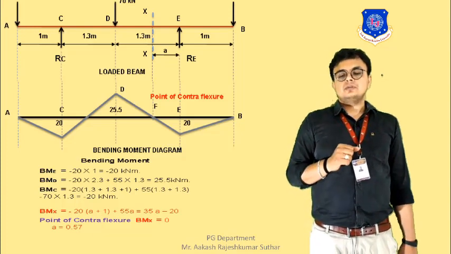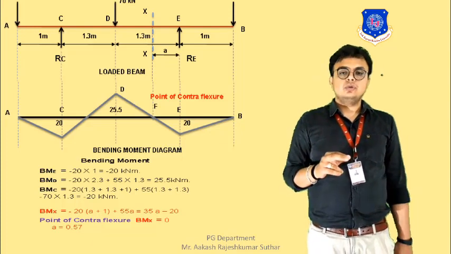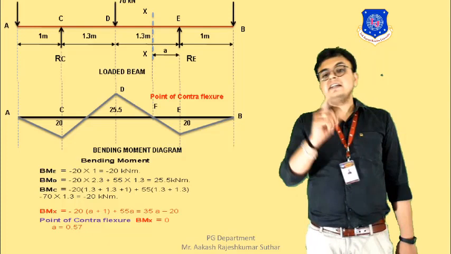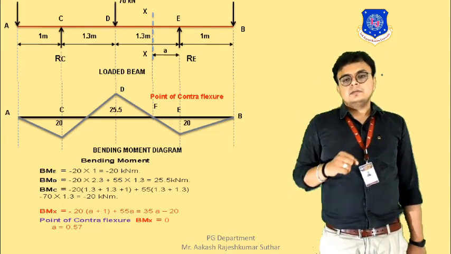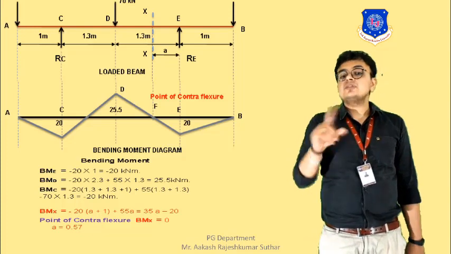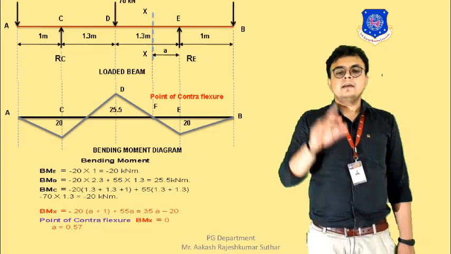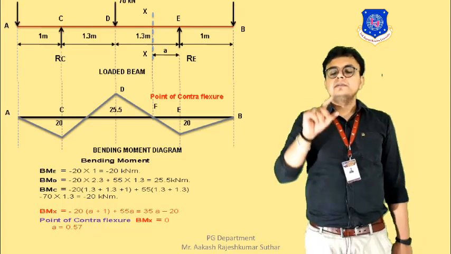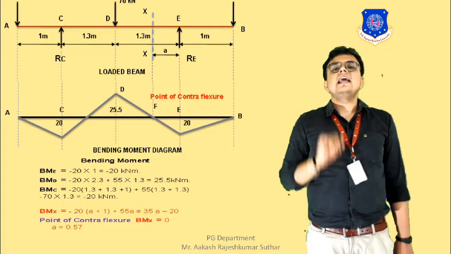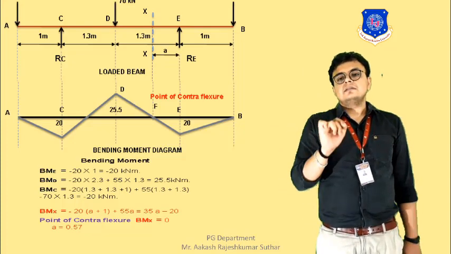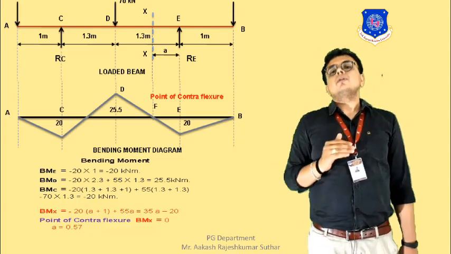That can be done only by taking the moment. So, taking the moment at x, that will be equal to minus 20 into a plus 1, because 20 is creating a negative sign, as it has the direction of clockwise.